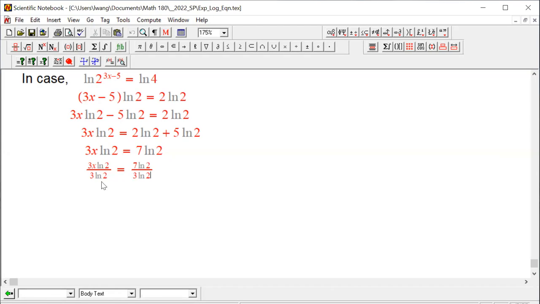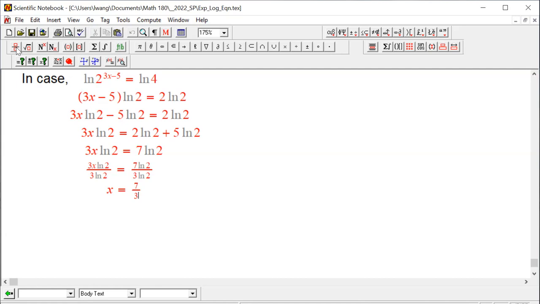You can divide in separate steps. You divide by ln2 and then you divide by 3. The ln2 and ln2 reduce, and 3 reduces. So as a result, x is isolated, and it is 7/3.